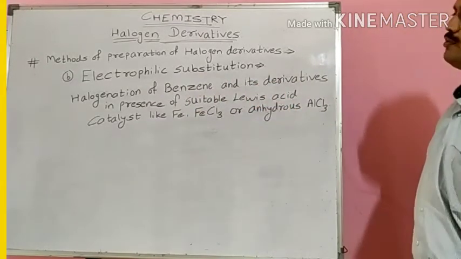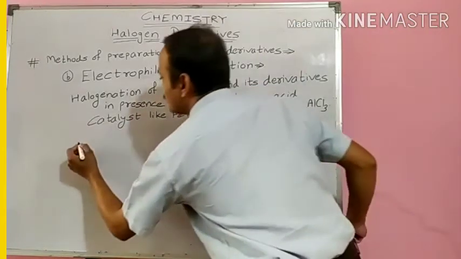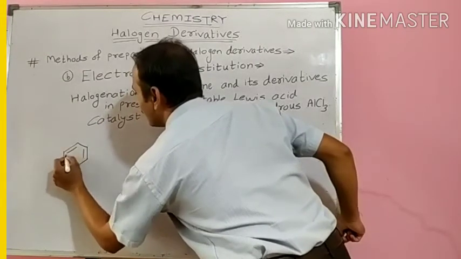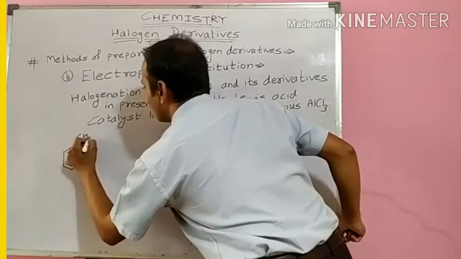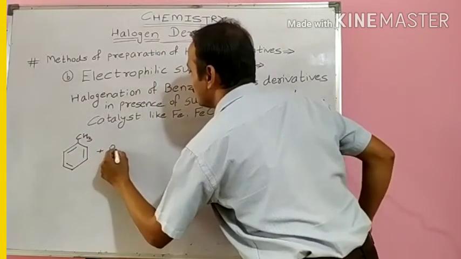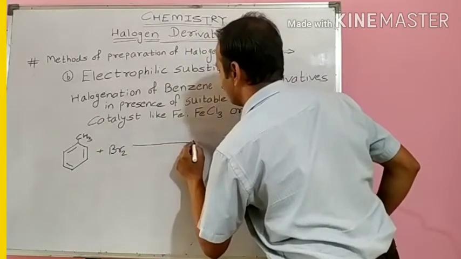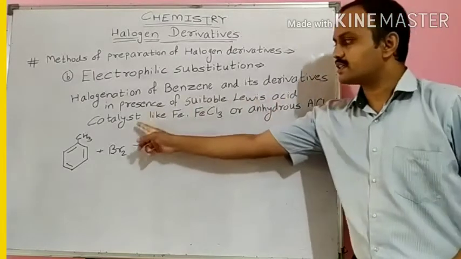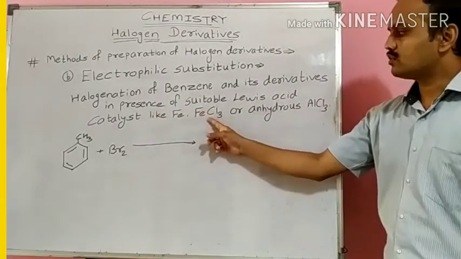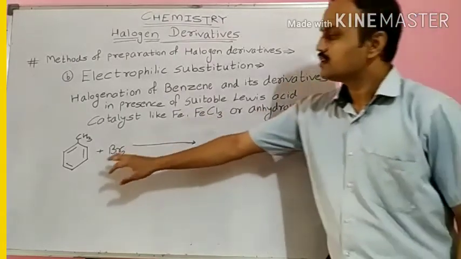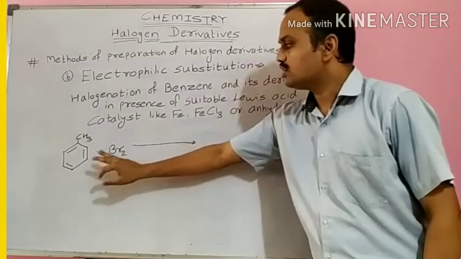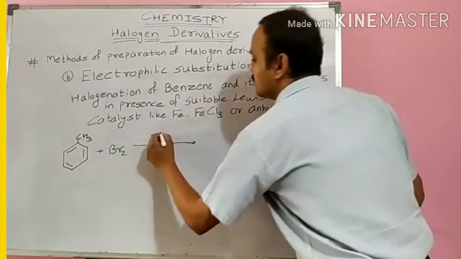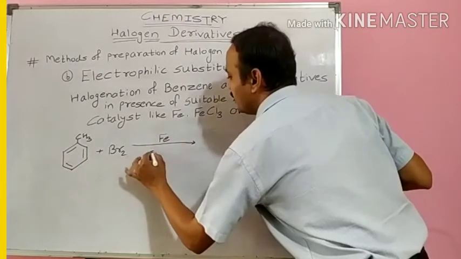We will see an example of this type: toluene plus bromine, in the presence of a suitable Lewis acid catalyst like iron chloride or anhydrous AlCl3. In this example, toluene is brominated, and the suitable condition is iron and dark.